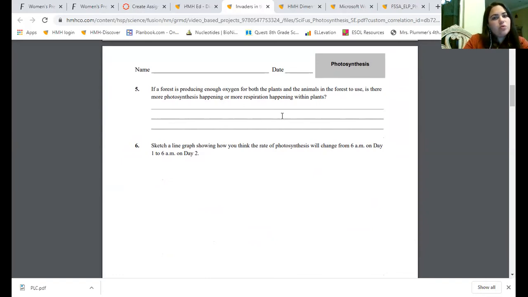And so this is a really good question, because in Costa Rica, in our tropical rainforest, we have tons of photosynthesis occurring, but all of that oxygen that is being created in that forest is also being absorbed by the animals in that forest by respiration. And so it is a constant cycle, and the photosynthesis and the oxygen created in that cycle is reused by the animals in that area as well.